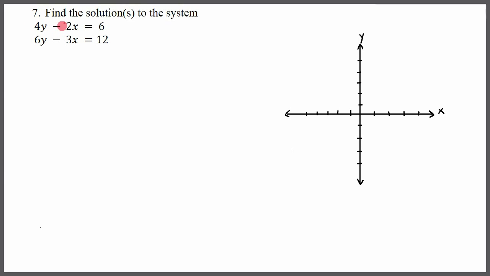If we look at problem number 7, this wants us to once again find the solution to the system of equations 4y minus 2x equals 6 and 6y minus 3x equals 12. And just like before, we have to convert to slope-intercept form. So starting from the first equation, we get 4y equals 2x plus 6. Dividing by 4, we get y equals 1/2 x plus 3/2.